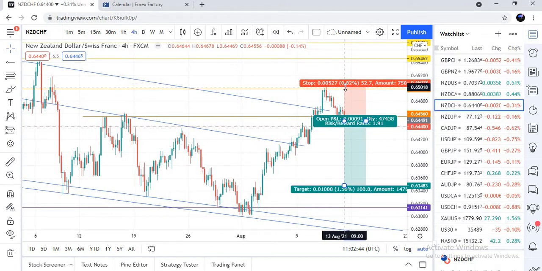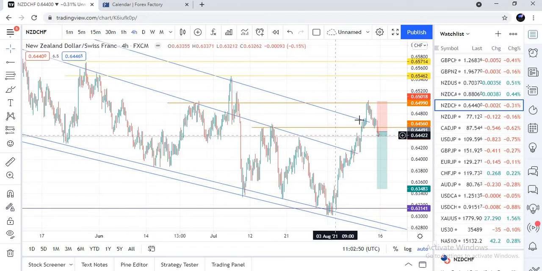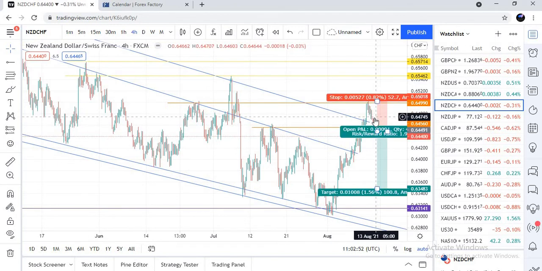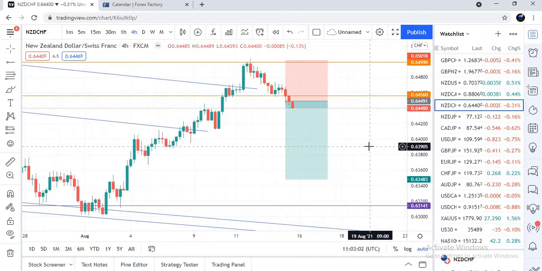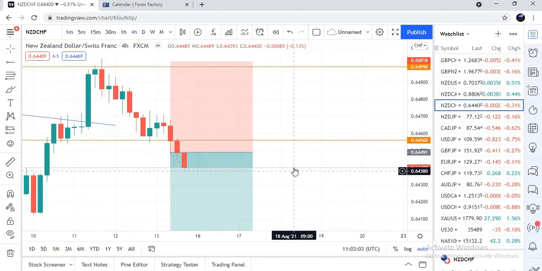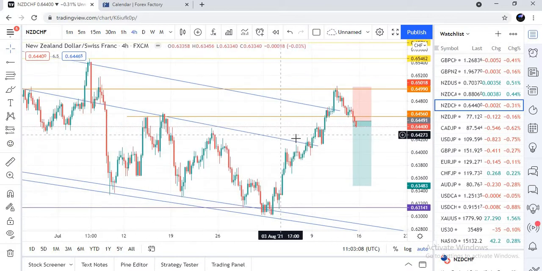So this is a really risky trade, and I usually advise the members to check the stop loss from the entry to see if they can afford to risk that amount. So this is just about 9 pips in profit, and we're predicting that it's still going to keep going down this week.